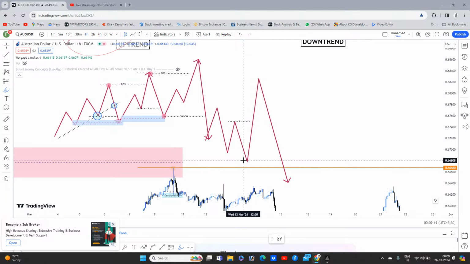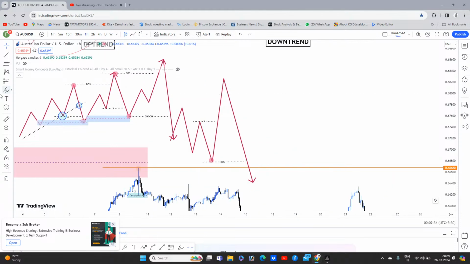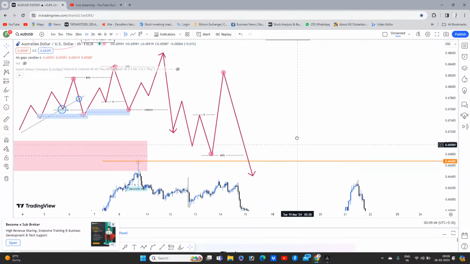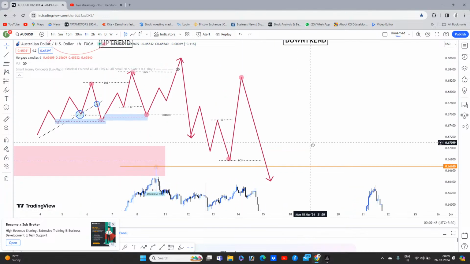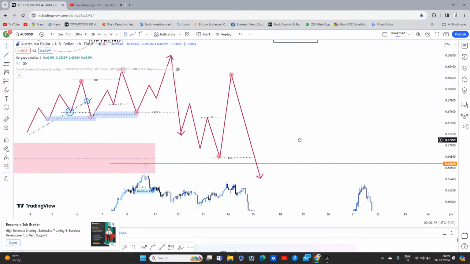Then when the market breaks this lower low, which is called a pause, only then can we mark this as our lower high point. Not first, not second, but after the market breaks this swing point, then only can we mark this as our lower high point.